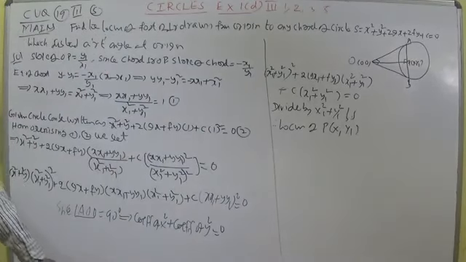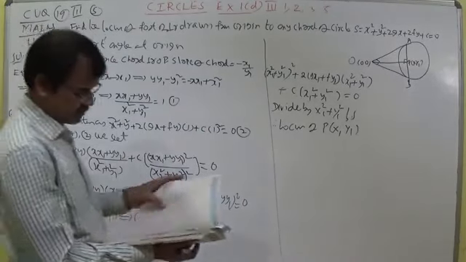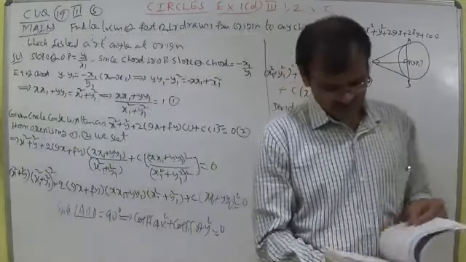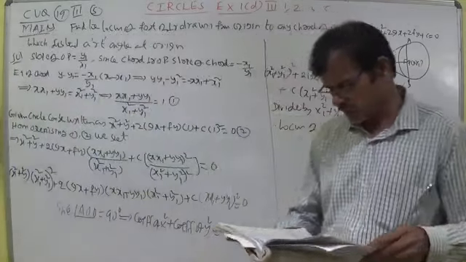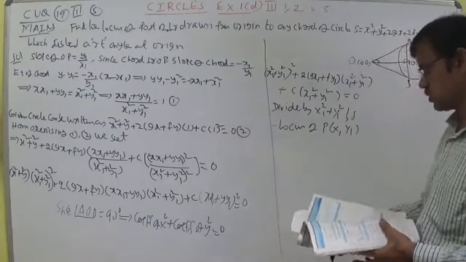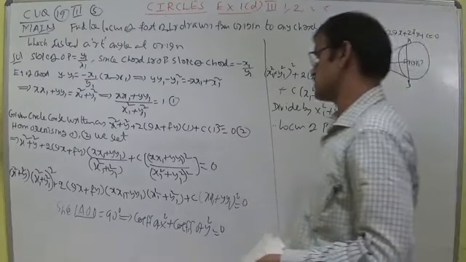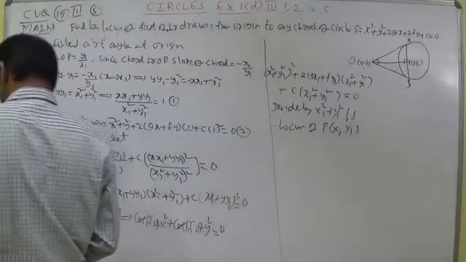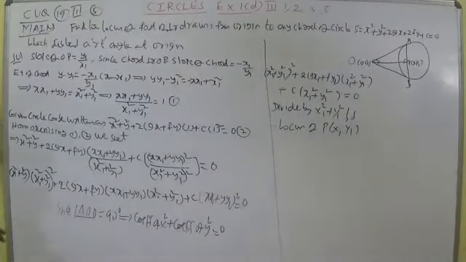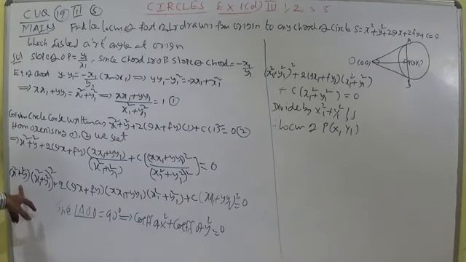2 into x square may get. Just wait for a bit. The answer I know. 2 into x square plus y square plus 2gx plus 2fy. 2 into how will be getting x square plus y square. X square coef is there. Of course, coef of x square, coef of y square separately we should write. X square coef and y square coef.